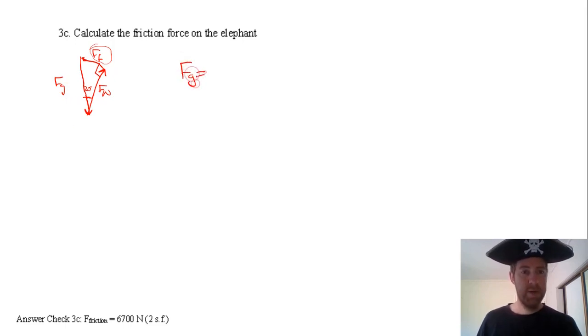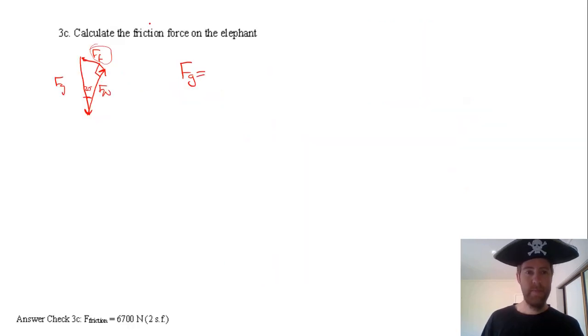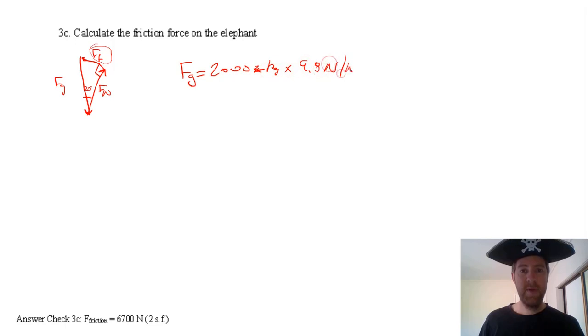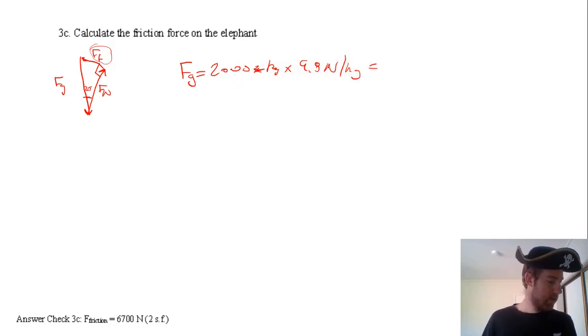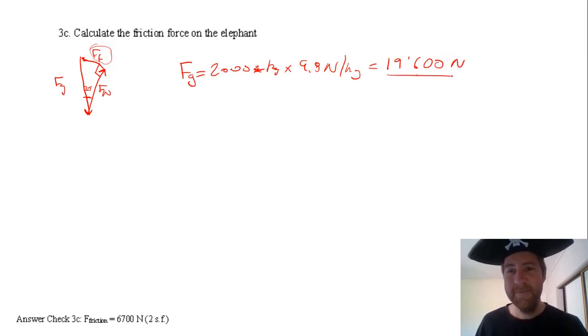I can work it out because the elephant's mass is 2,000 kgs. And the force of gravity is always 2,000 kgs times 9.8 newtons for every kg. This gives me, on my calculator, 2,000 times 9.8, 19,600 newtons.